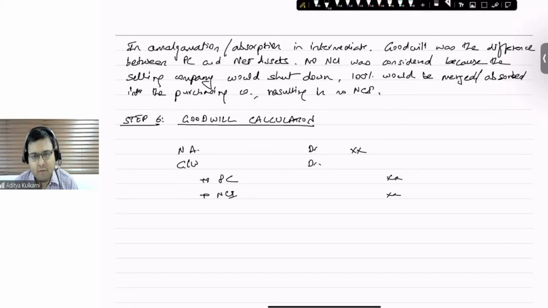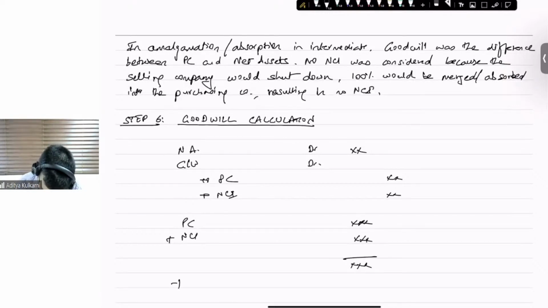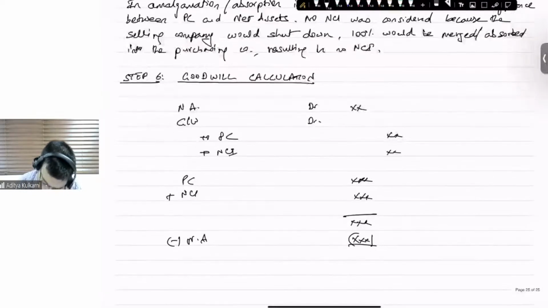So the same thing, if I put it in an equation form, I could say that purchase consideration plus NCI minus net assets would be giving you goodwill.